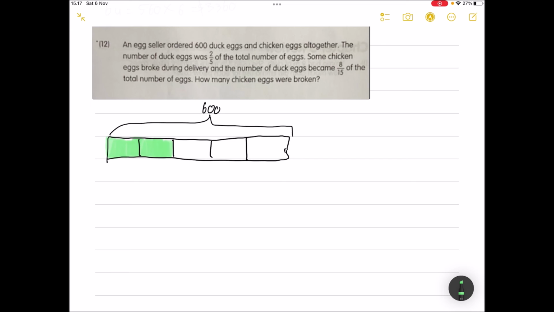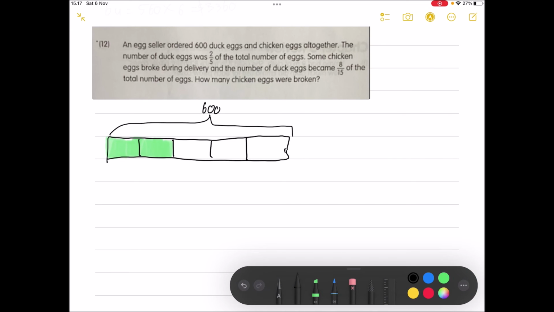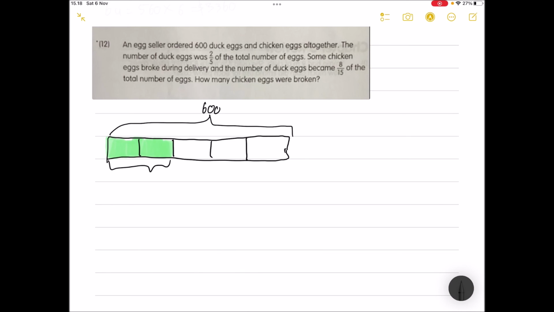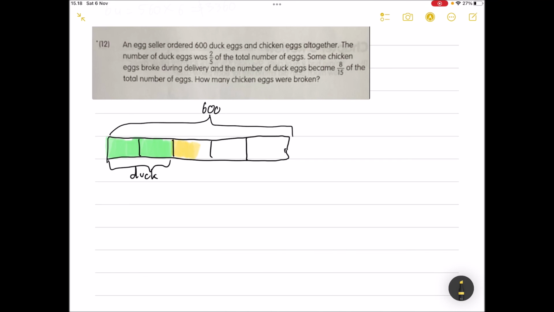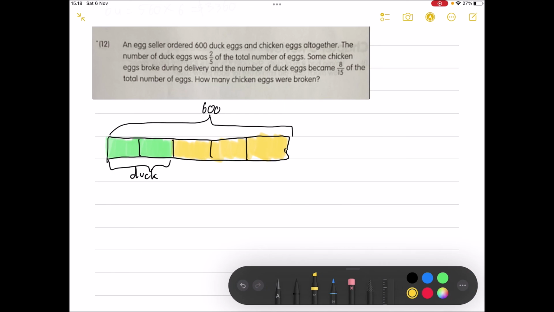This is for the duck. And remember that because it's only duck egg and chicken egg, the 3 units here is chicken.